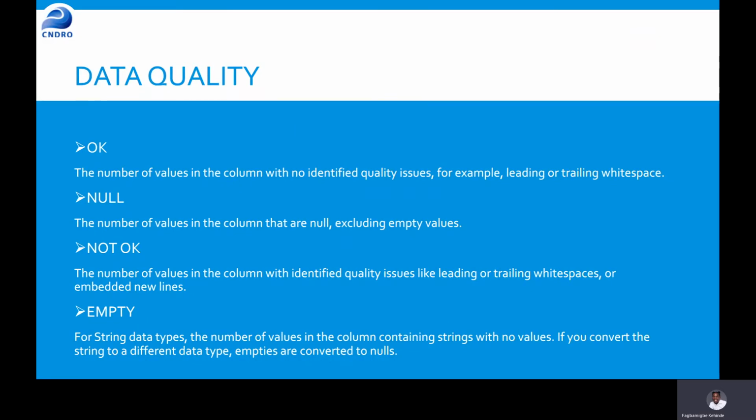If something is empty, it means it's a column containing strings with no values. So you need to understand the difference between nulls and empty strings. Probably I'll record a video to explain the difference between a null and an empty value. All right.